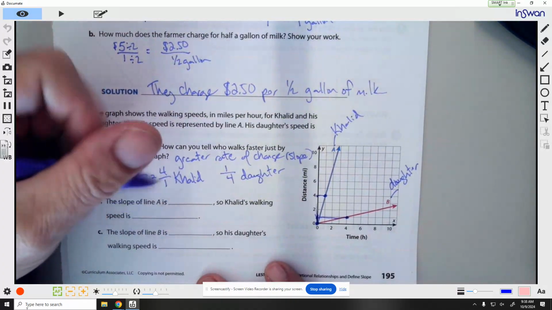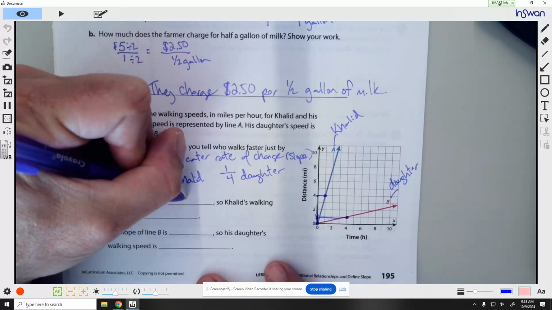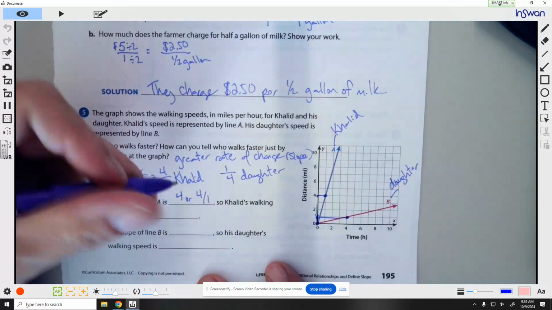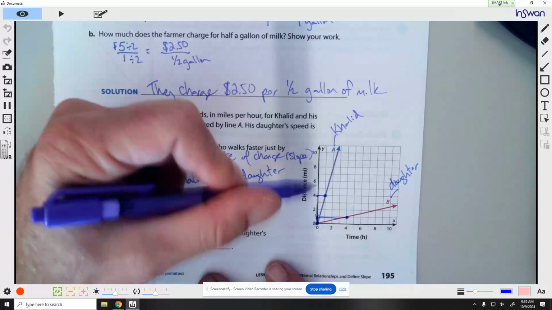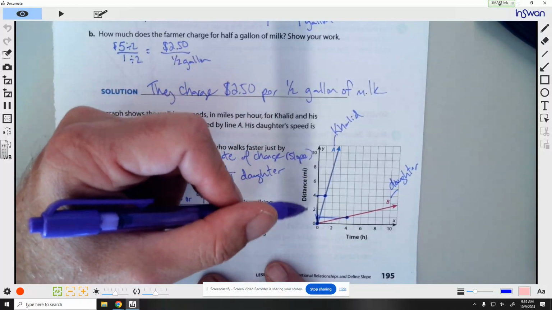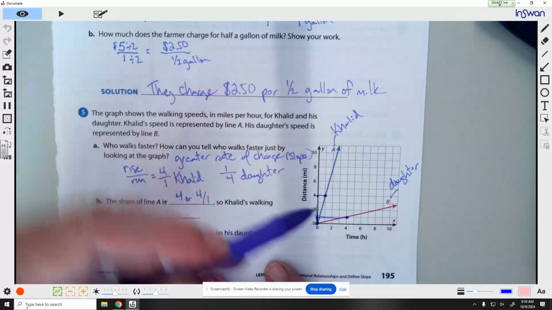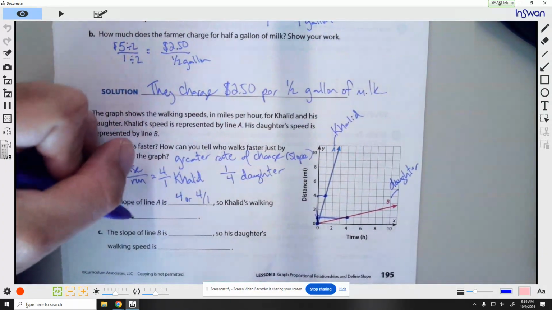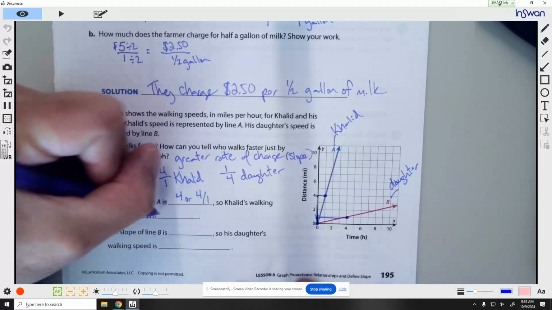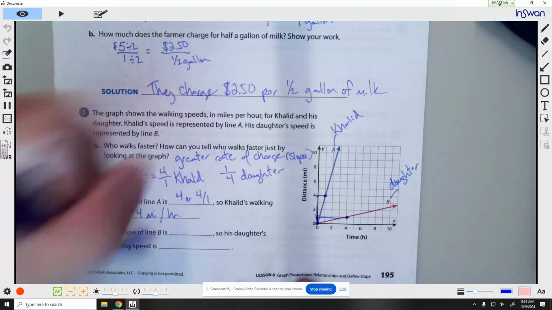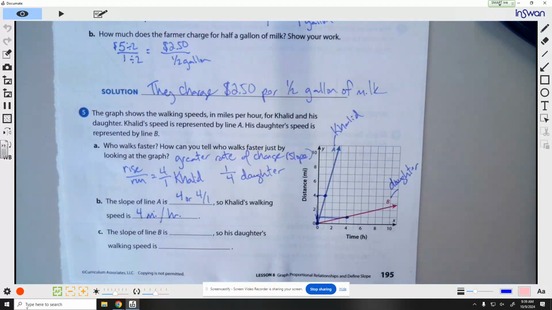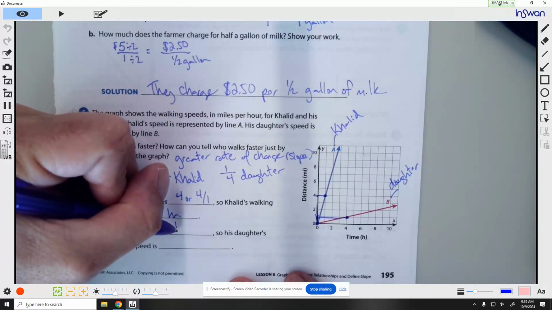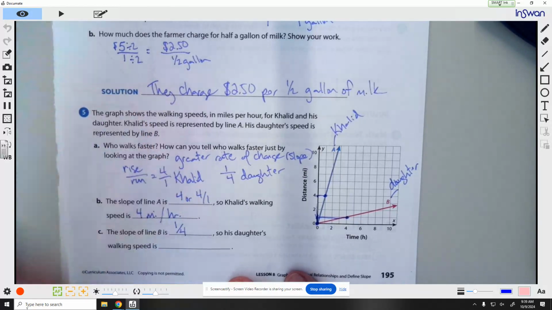Okay, so the slope of line A is 4, or 4 over 1, which means Khalid's walking speed, the 4 represents the miles, and the x represents the time. So it would be 4 miles per hour. The slope of line B is 1 over 4.